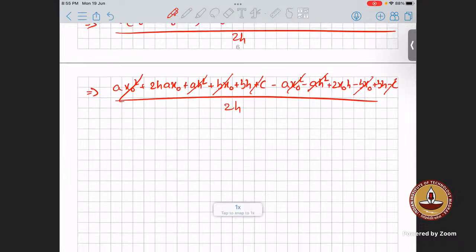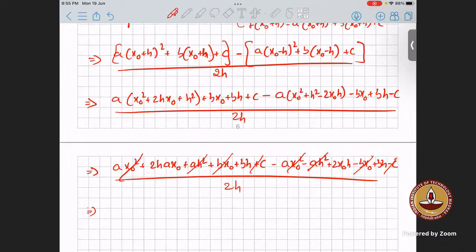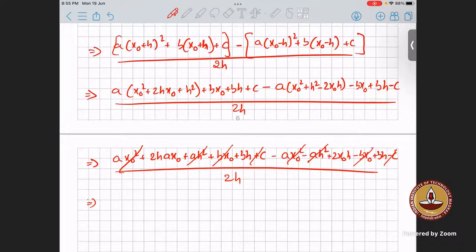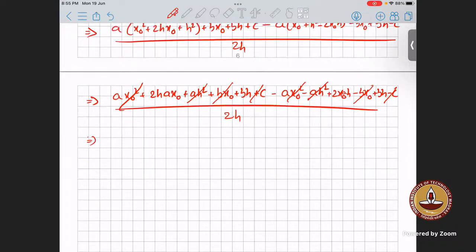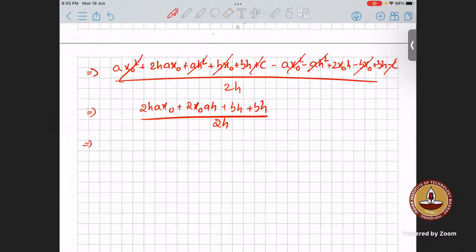Whatever you get, the final thing is 4h ax naught plus 2bh, divided by 2h.